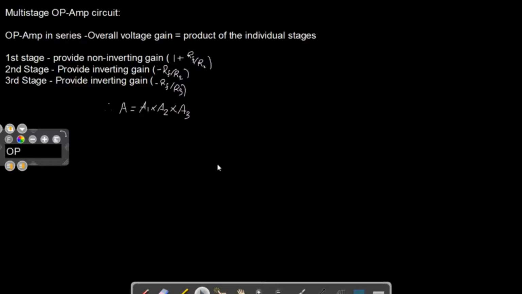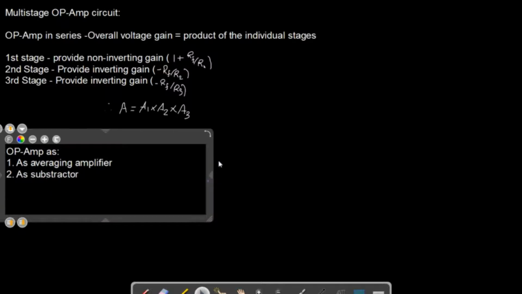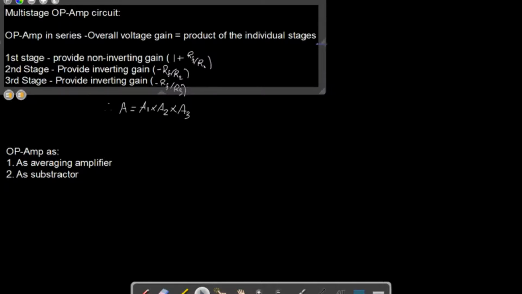The two topics that we are going to discuss now are, number one, the averaging amplifier, and the second one, the subtractor. If you have two different voltage sources, we can use it as a subtractor. If you have a voltage source across a series resistance, we can take an average of it. These things can be done using an op amp, and this is something we are going to discuss now.